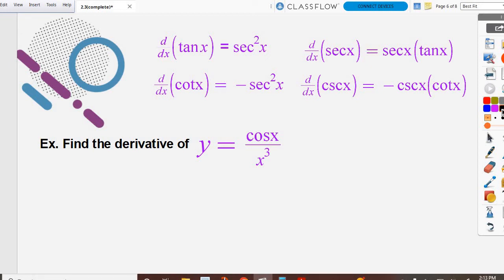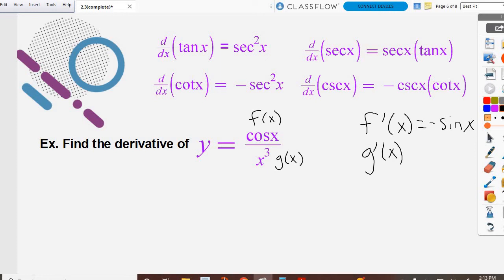So let's say this is f of x and this is g of x. I'm going to write out the derivative of f of x: negative sine of x. What is my derivative of g of x? Then I'm just going to apply my formula.